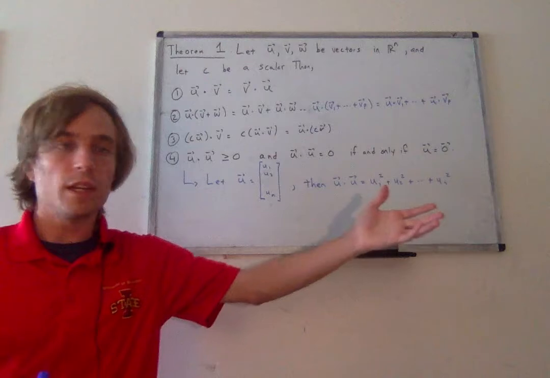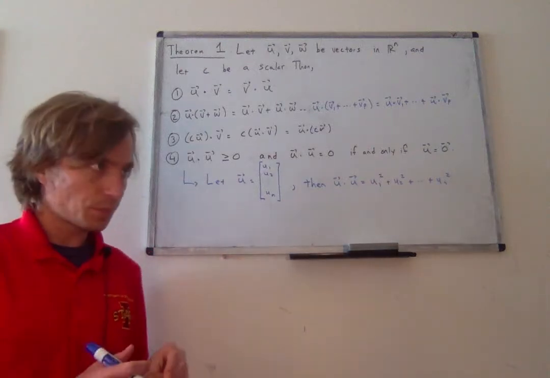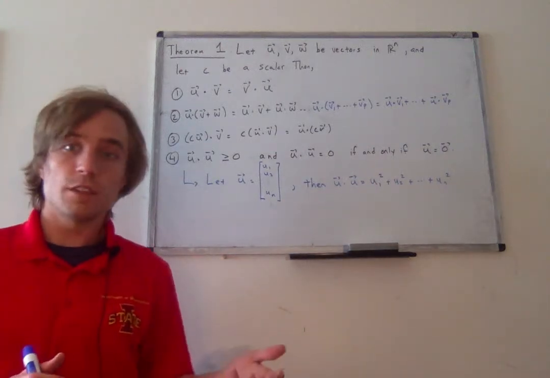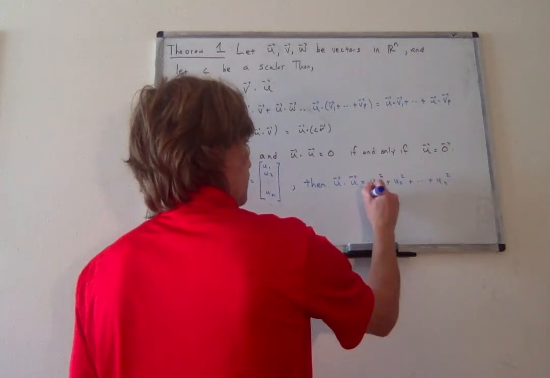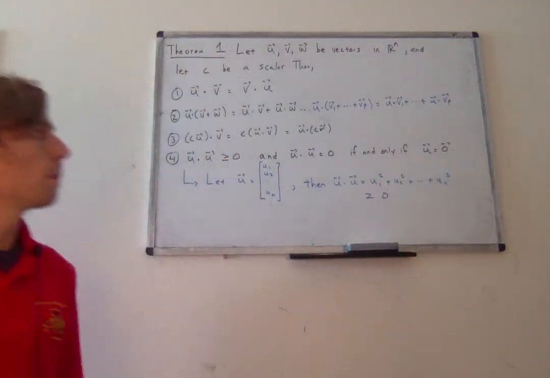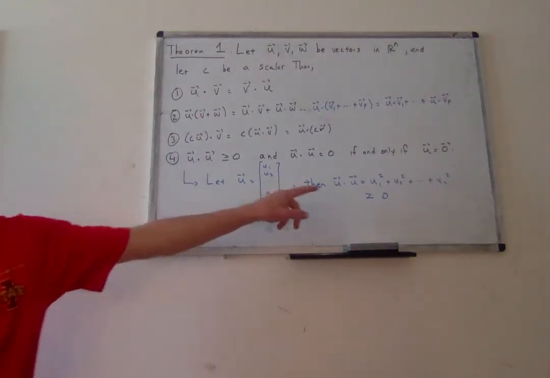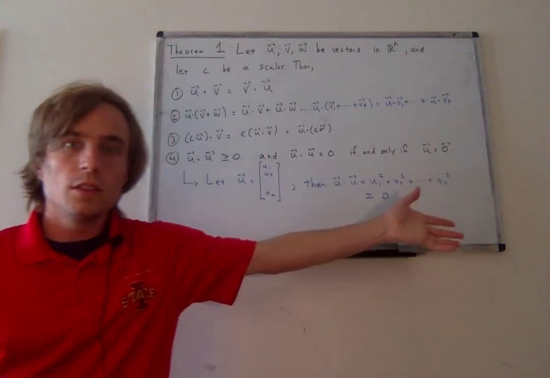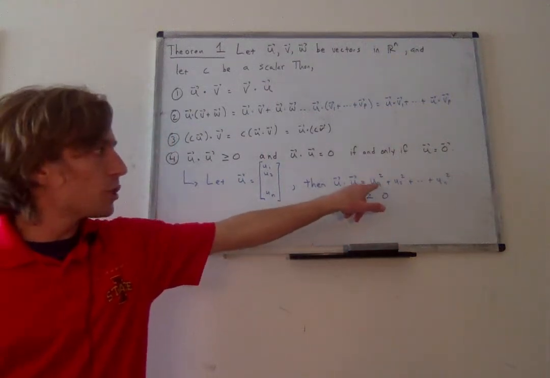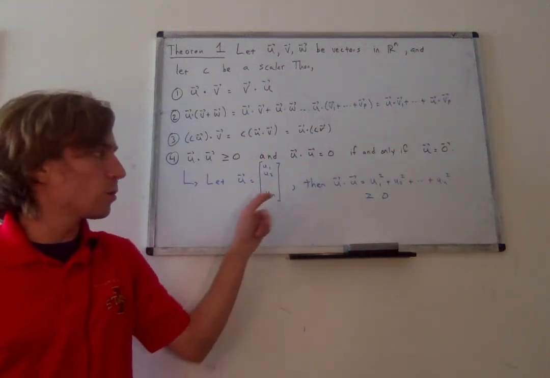Well, of course we know that any number squared is non-negative, right? So greater than or equal to 0. So we know right off the bat that this number is greater than or equal to 0. But notice, each of these numbers is only equal to 0 if the original value in this vector was equal to 0.